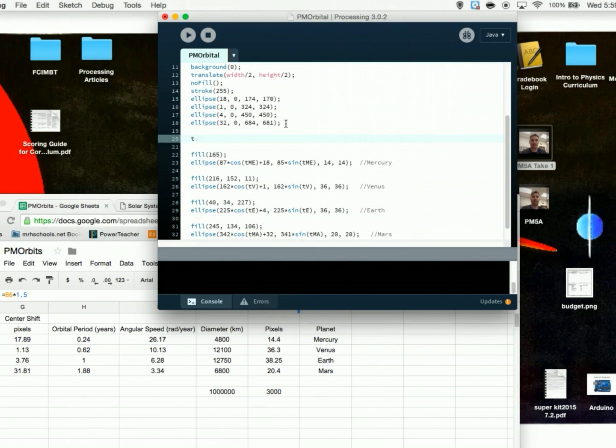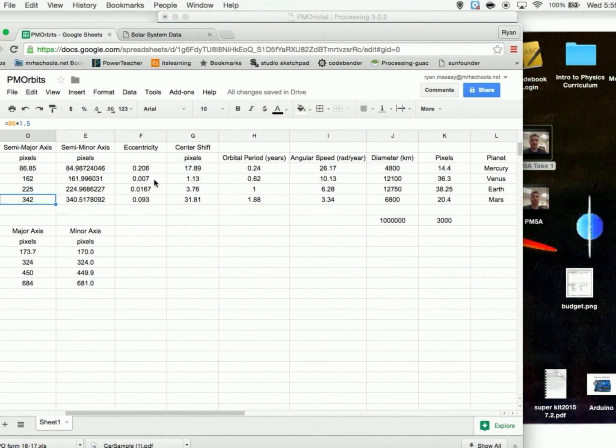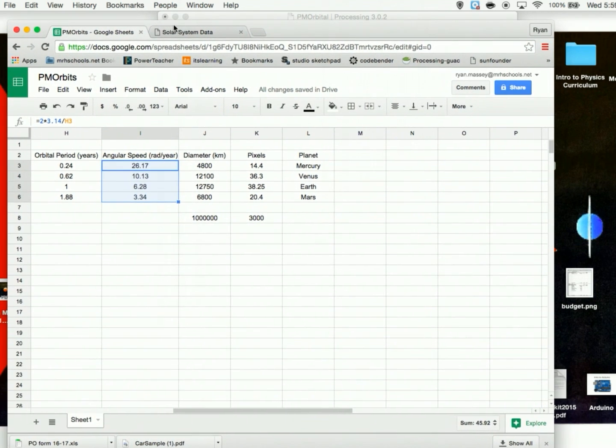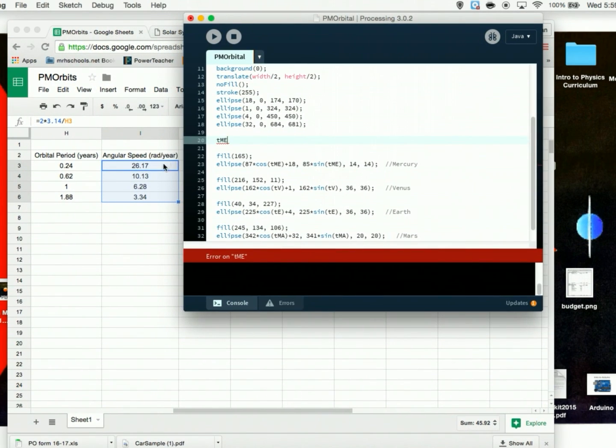So we want TME, which is Mercury. We want those to be based on the angular speed, which are these values. Now, if you plug these into the parametric equations as is, this 26 value, 10.6, that's super fast. So what I did is I moved the decimal to the left several times and got 0.026 instead.